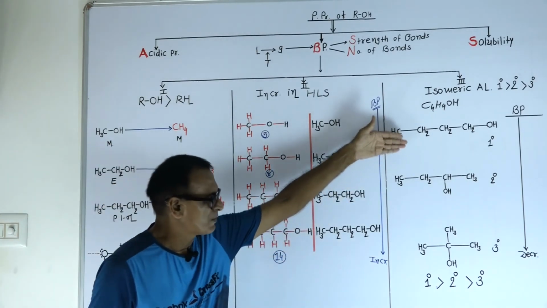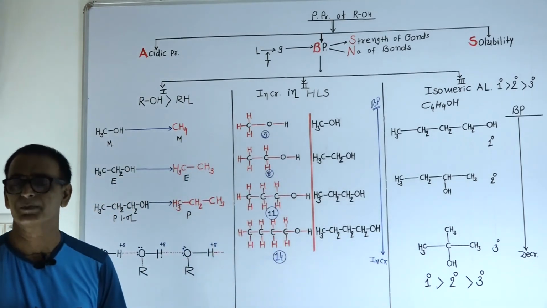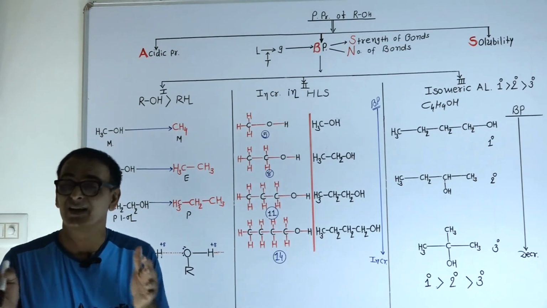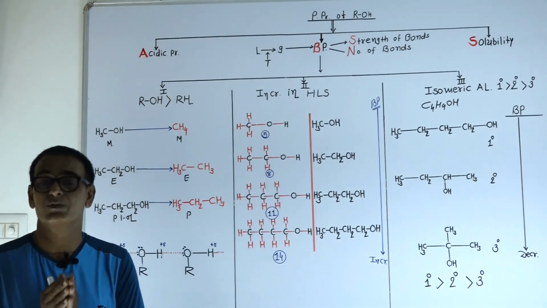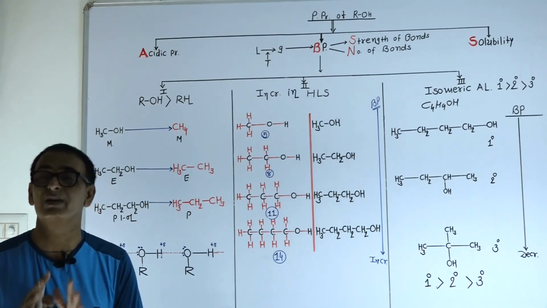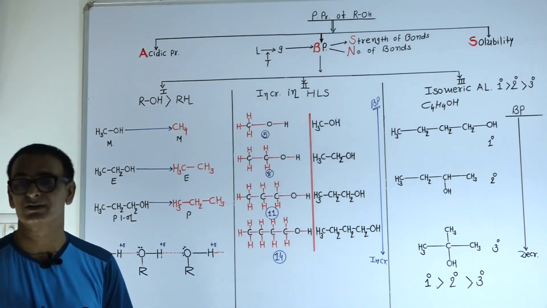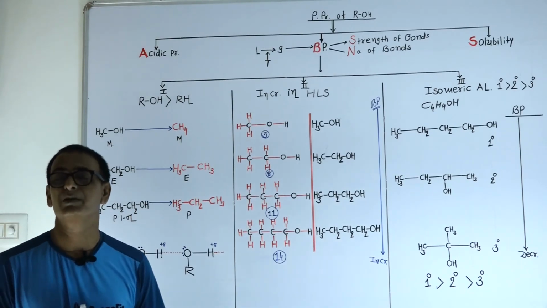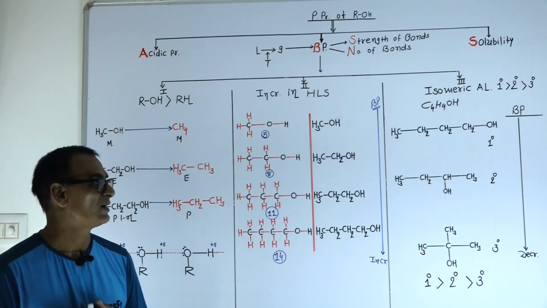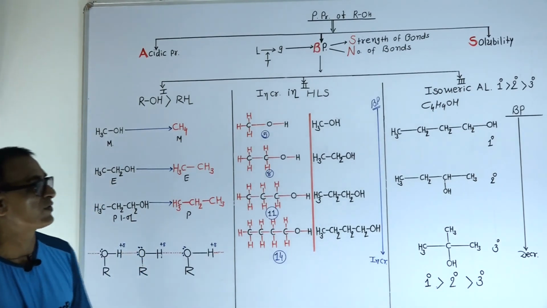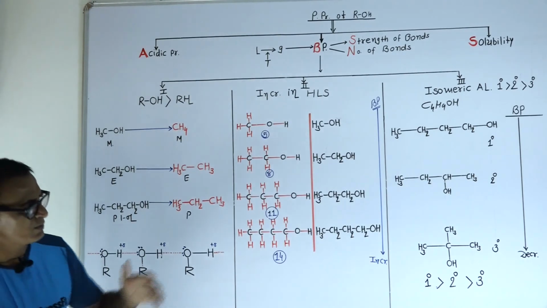As we go from top to bottom, the molecule becomes more shrunken. As it shrinks, the intermolecular distance between two molecules will increase, and as a result the attraction forces between two molecules will decrease. So the boiling point will decrease as we go from primary alcohol to secondary alcohol and from secondary alcohol to tertiary alcohol.